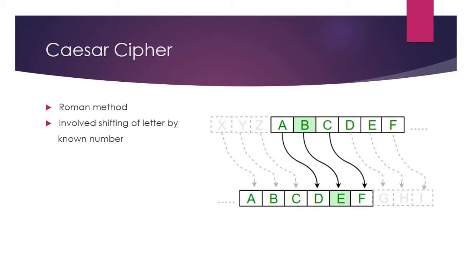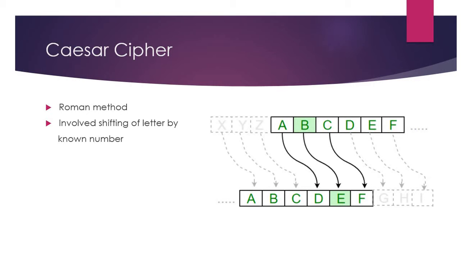So cipher is very much analogous to what a code is. The hidden or secret or encrypted message is actually a cipher. So it's just another name for code. So don't get confused by that word.